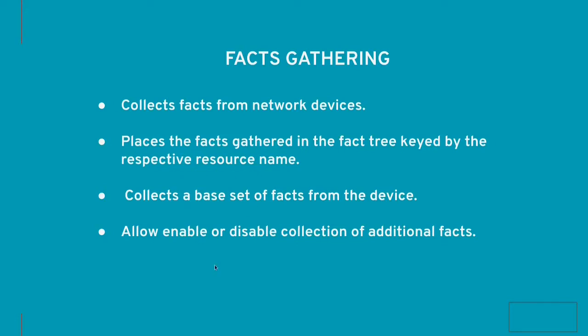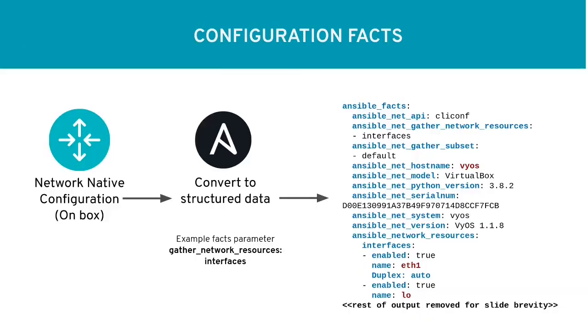It also allows you to enable or disable collection of additional facts, so you could select what sort of facts you want to gather. If you have mentioned, for example, L3 interfaces in your task or playbook, that would gather L3 interfaces facts. Otherwise, it won't fetch the L3 interfaces facts. I will demonstrate that part so that you could learn in a better way. So let's move on to the next slide.